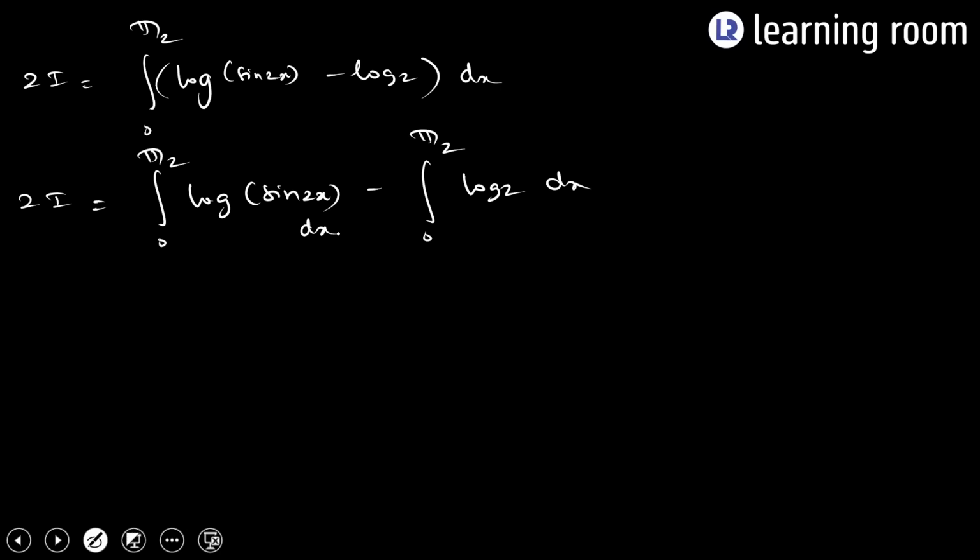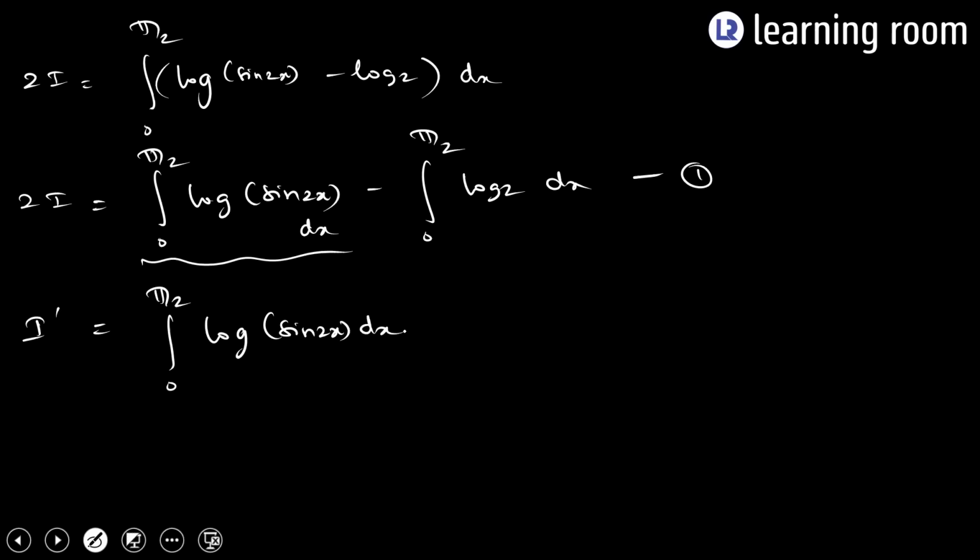Let me call this equation number 1. I'm taking this integral alone and I'll call it I dash. So I dash will be equal to integral of 0 to pi by 2 log of sin 2x dx. What I'll do is put 2x equal to t. When I do this, I'll get 2 times dx is equal to dt.